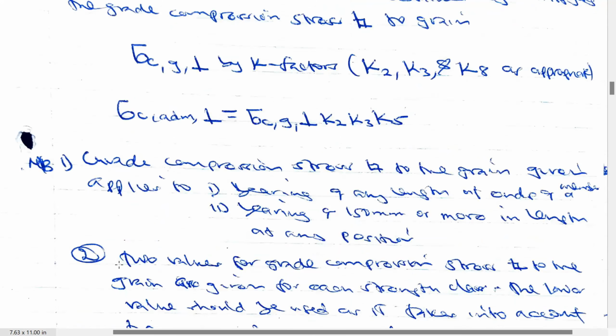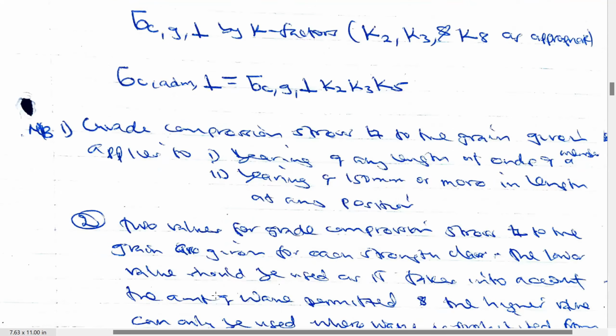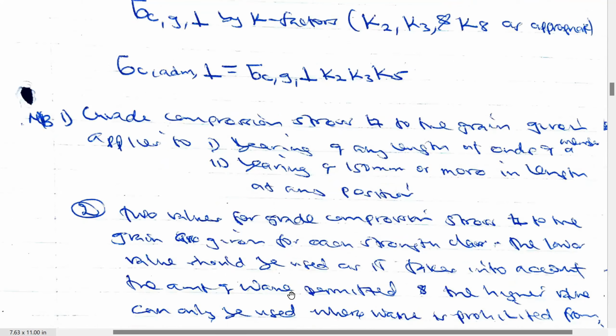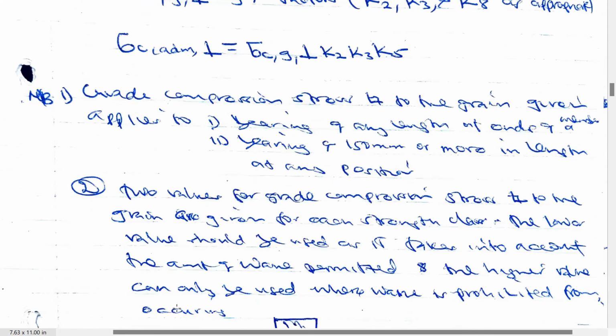Another point: two values for grade compression stress perpendicular to the grain are given for each strength class. The lower value should be used as it takes into account the amount of wane permitted, and the higher value can only be used where wane is prohibited from occurring.